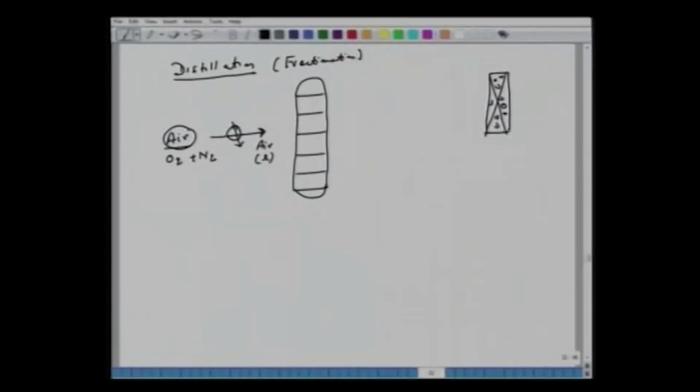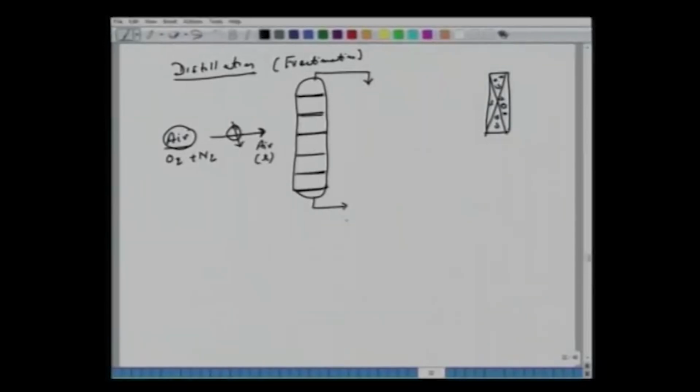Here we have different configurations. These are the trays. Again, we'll come back to this in a later class. For the time being, what we're trying to say is that this air is brought in here. There is a heat exchanger, all right, and then by distillation it's possible to have the top quantities, and the bottom quantities.